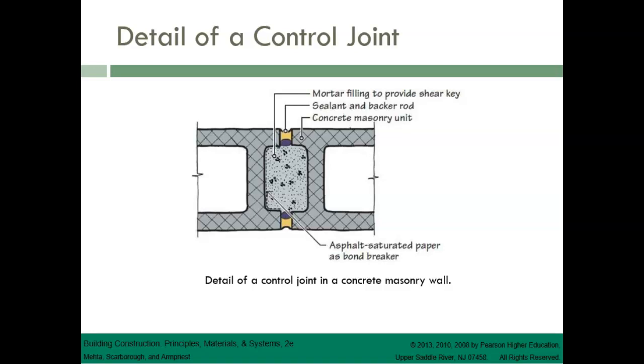So we must use some kind of a bond breaker. If I have a control joint at the ends of two blocks, I've got to allow for movement in here. So a bond breaker is used inside on one side of this voided cavity area. That allows the joint material, the backer rod, and the sealant to stretch.